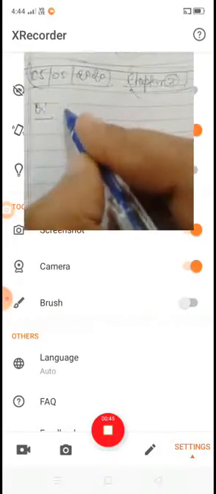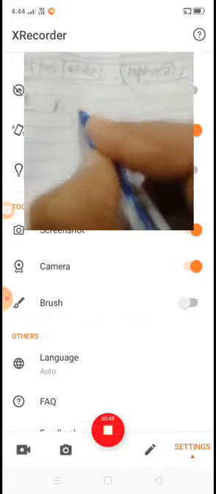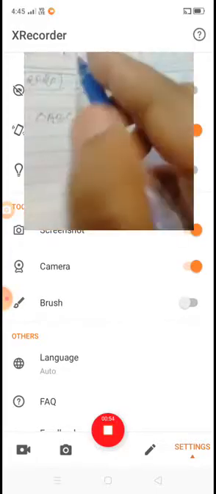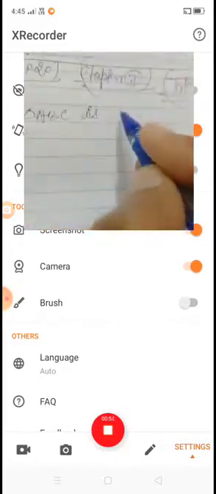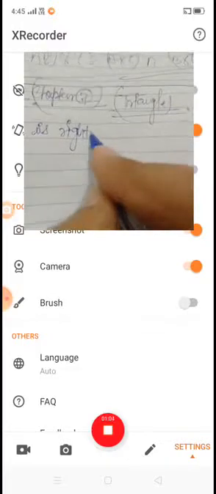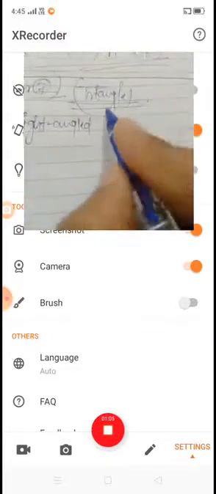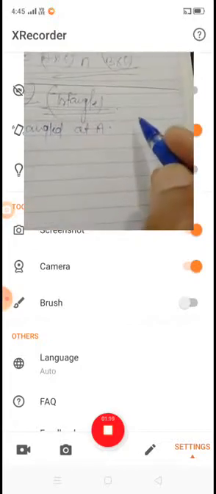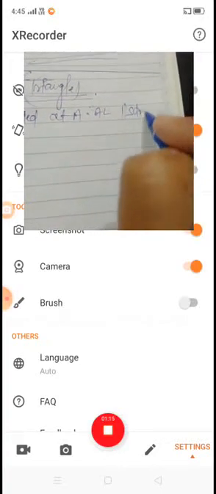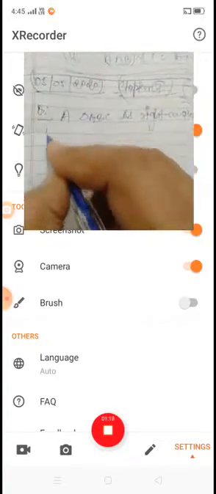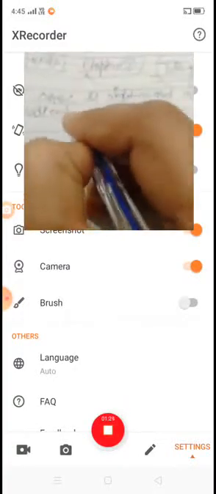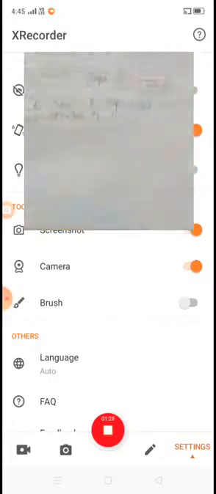Your question is: a triangle ABC is right angled at A. AL is drawn perpendicular to BC.